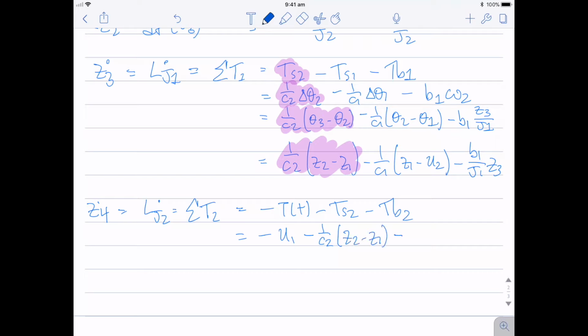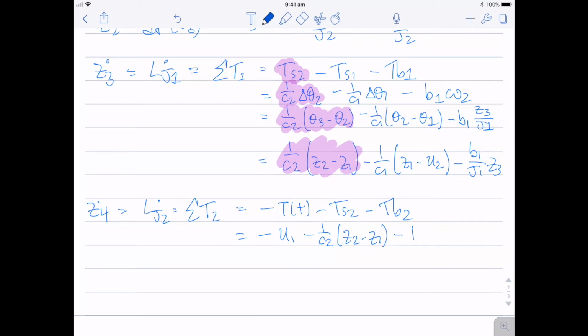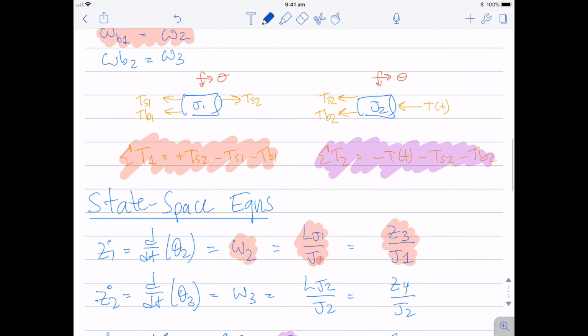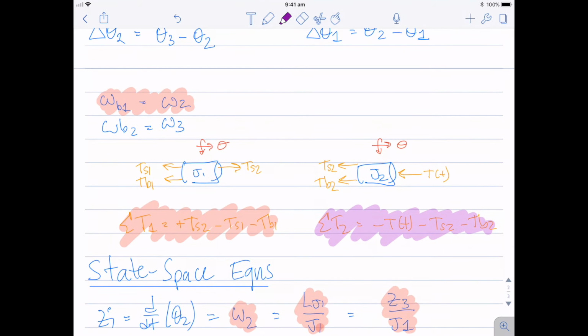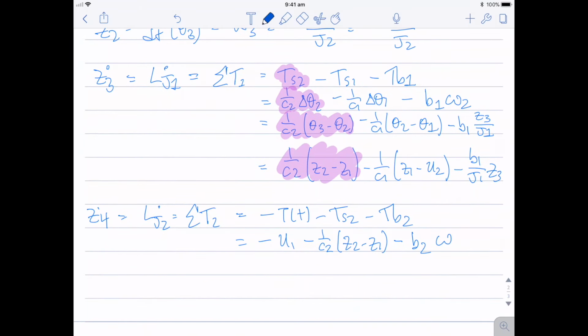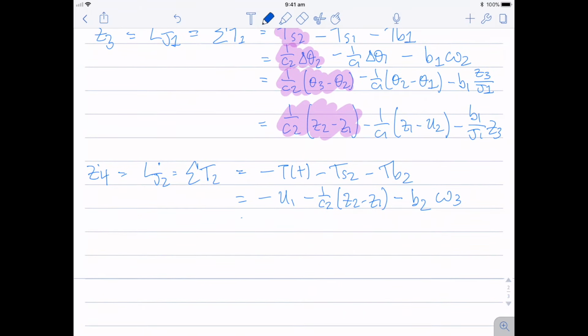Minus TB2. Well, TB2 is going to be B2 times whatever omega is attached to that B2, and according to the SSR, the omega for B2 was omega 3. So it's B2 omega 3, and if we write these out, U1 minus 1 on C2, Z2 minus Z1 minus B2, well, every angular velocity which is on the same shaft as an inertia should be able to be written as the angular momentum of that inertia divided by its inertia.